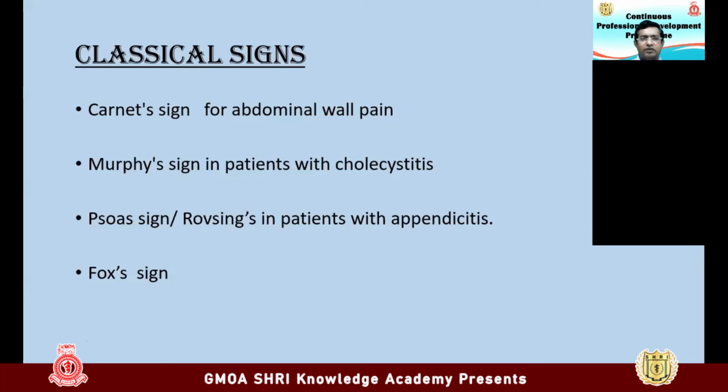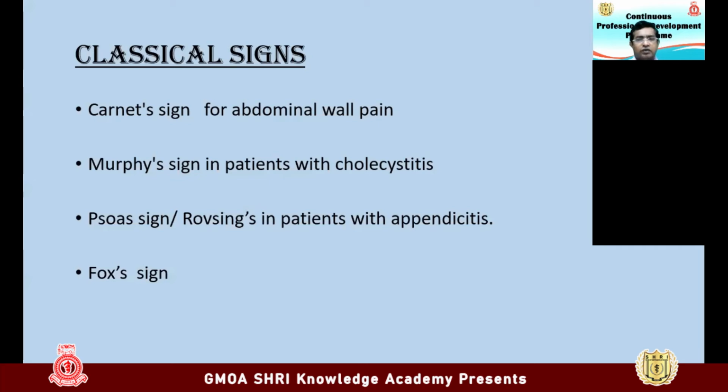So Carnett's sign, you may sometimes elicit it. When the cause of pain is in the abdominal wall or a particular area, you can ask the patient to raise his head above the pillow to tense the abdominal wall and palpate whether the patient is getting pain or not. Tensing the abdominal wall means you are examining the abdominal wall, not the intra-abdominal organs. So sometimes when you touch or press a particular point in the abdominal wall, the patient tells you that he's having a severe pain.